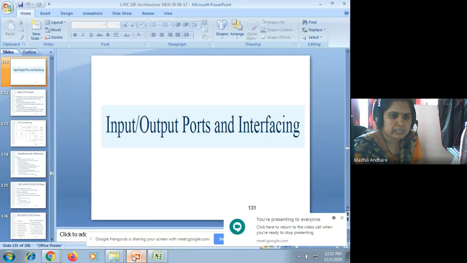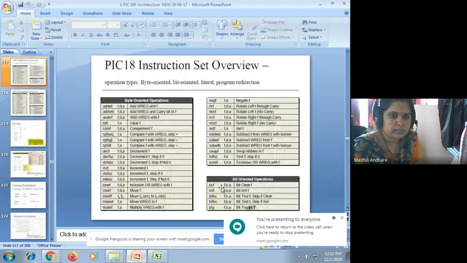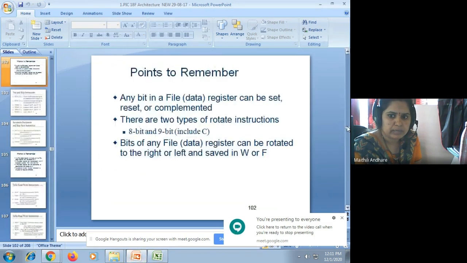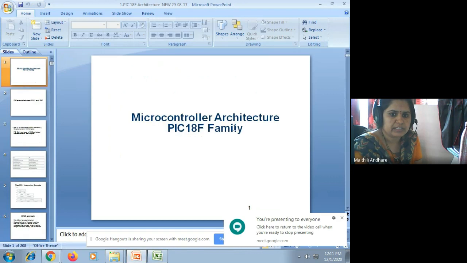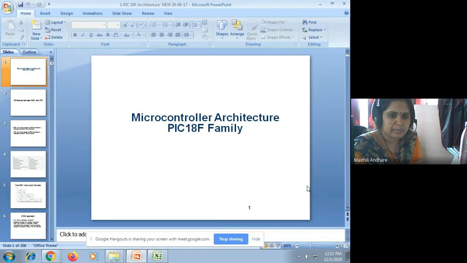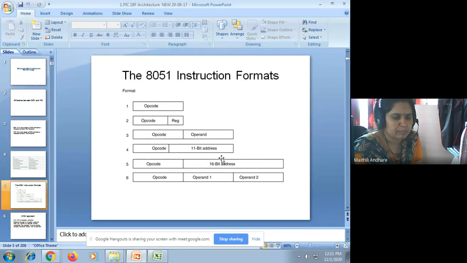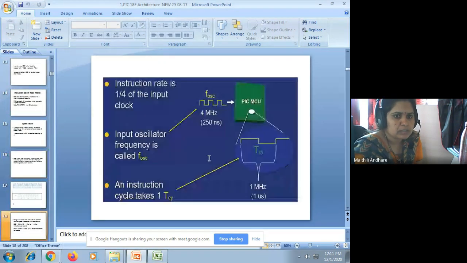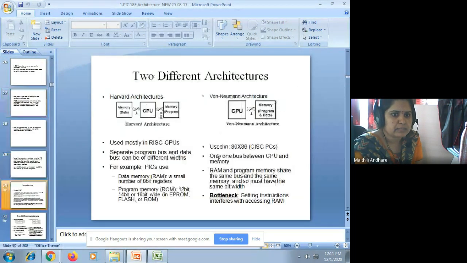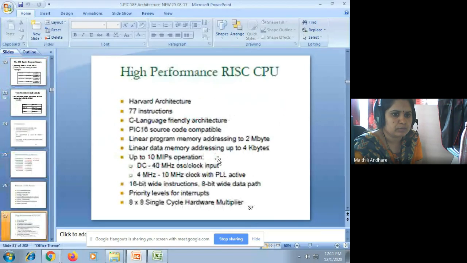So, in the previous lecture, we started the PIC microcontroller and completed the architecture and the basic features, apart from the basic difference between 8051 and PIC microcontroller. Now I will revise the very important features of the PIC microcontroller that are different from the 8051.